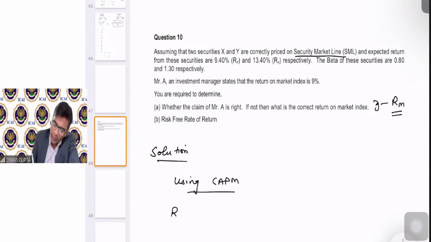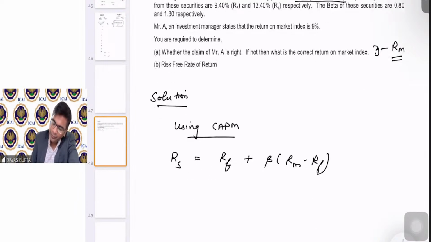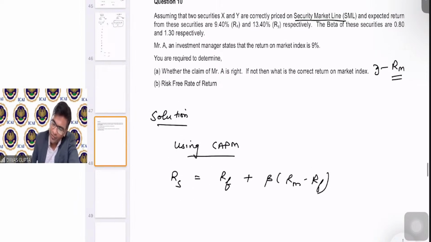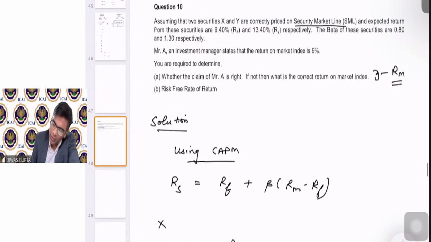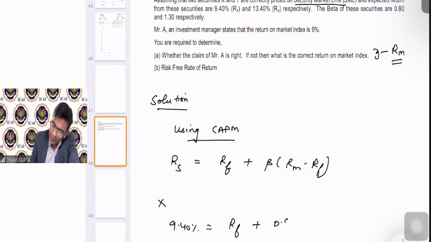We know that return of a security is equal to risk-free rate of return plus beta times (RM minus RF). Now, for the first security X, the return is 9.4% equal to RF plus beta, which is 0.8, times (RM minus RF).